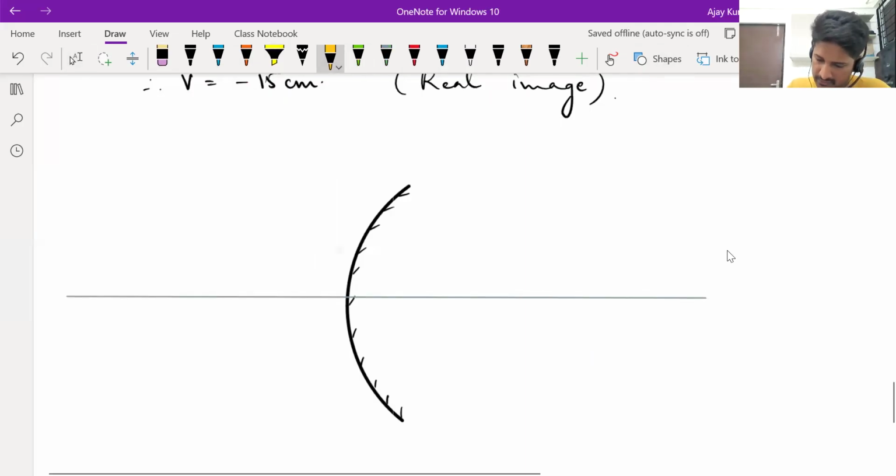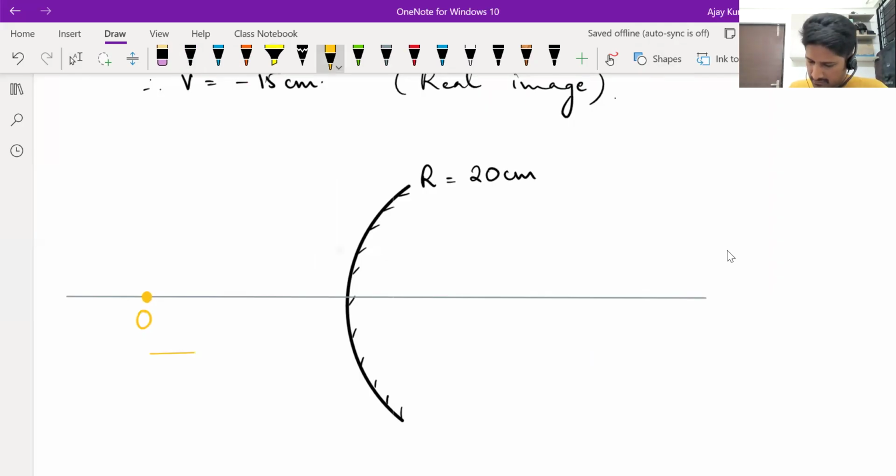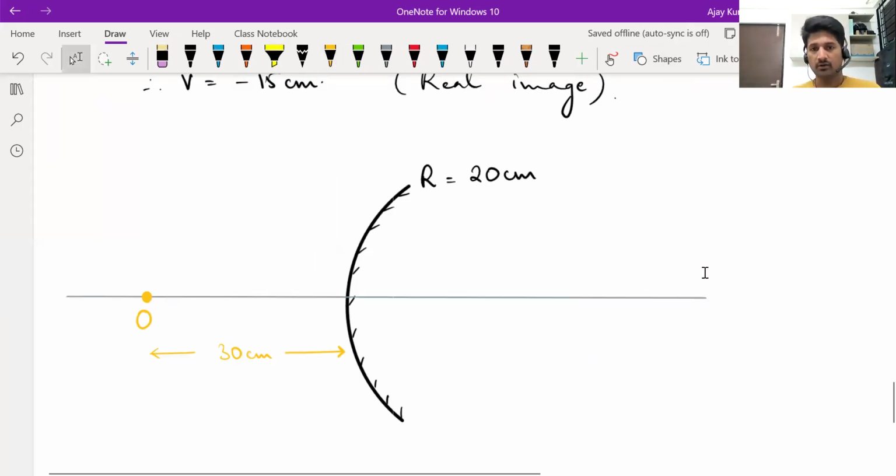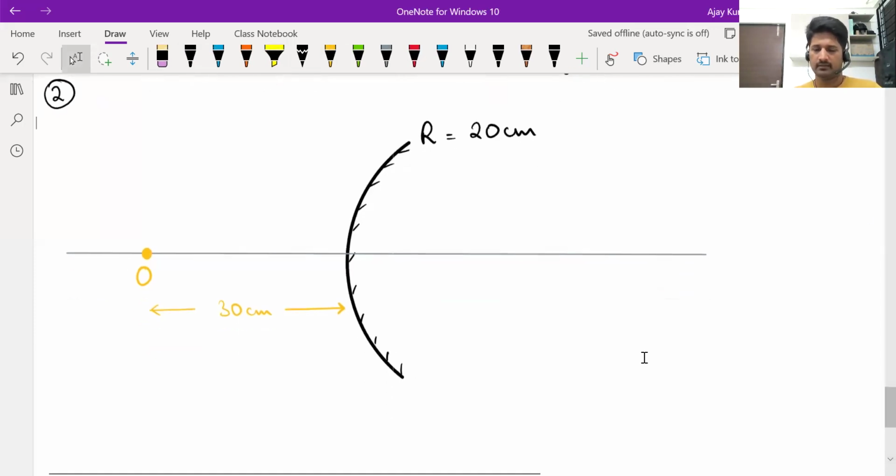An object is placed somewhere in front of it. Assume the radius of curvature of the mirror again is 20 centimeters only. Assume object is again placed at 30 centimeters in front of the mirror. Find out where the image is formed. So find out the image distance and also the nature of the image, whether it is real or virtual. Okay. Solve carefully. Make sure you follow the rules of sign convention.